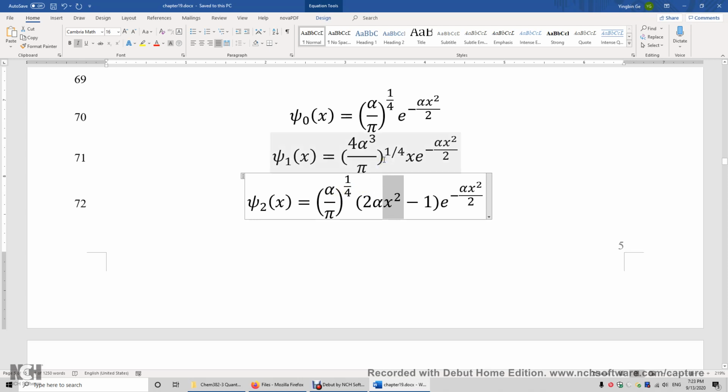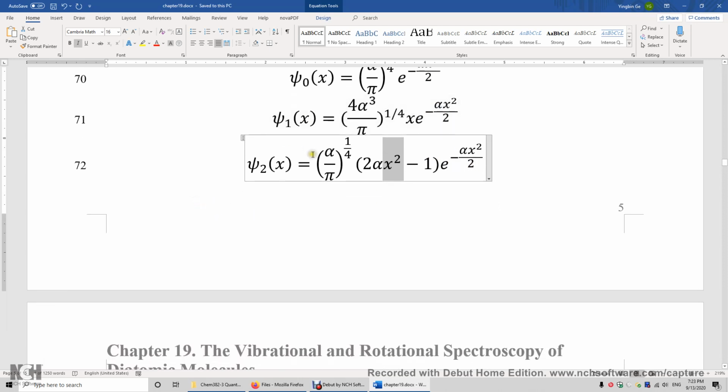So it's a complex statement. That means, if you look at these three wave functions, they have different eigenvalues: half h nu, 1.5 h nu, and 2.5 h nu. And they are all eigenfunctions of a Hermitian operator, and that means they are orthogonal to each other.